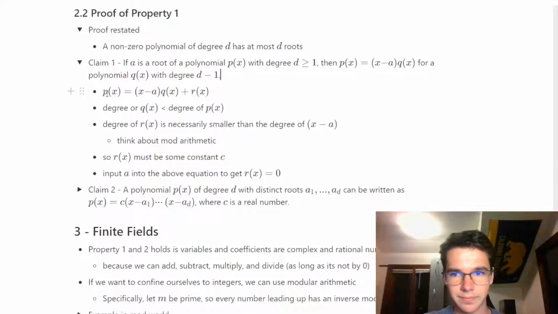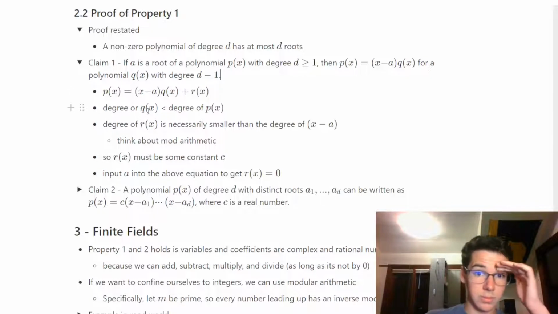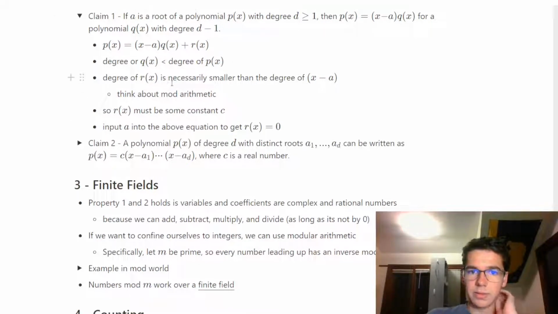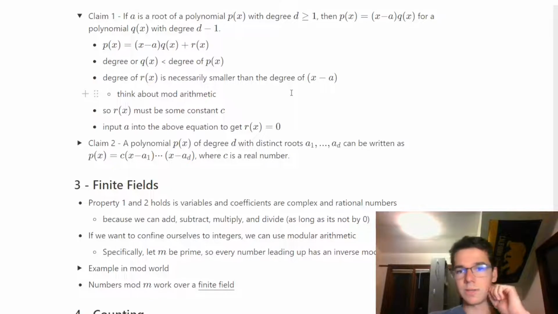The degree of q of x has to be less than the degree of p of x. Also, the degree of r of x is smaller than the degree of x minus a.